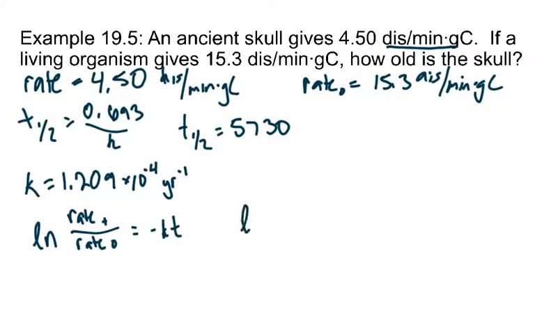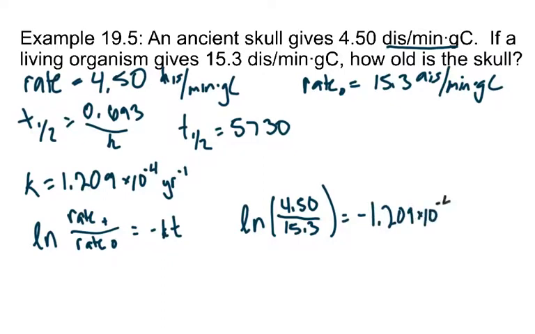So the natural log of 4.50 divided by 15.3 is equal to negative 1.209 times 10 to the minus fourth times our t. We can rearrange and solve that, and we get a t value of 1.0 times 10 to the fourth years.